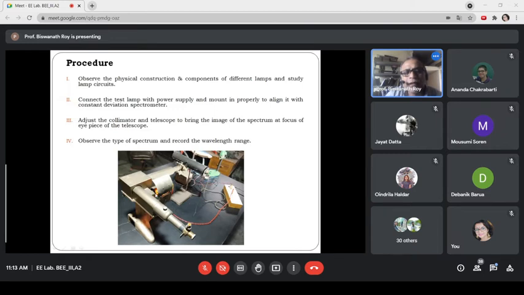So here in this rotating drum, the D line is marked by a sign, right?